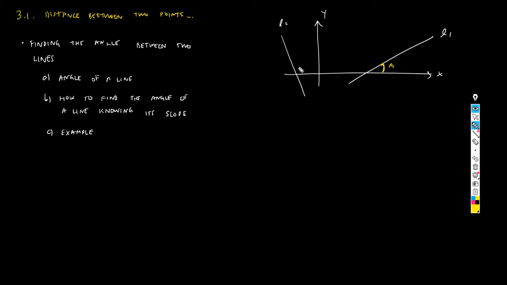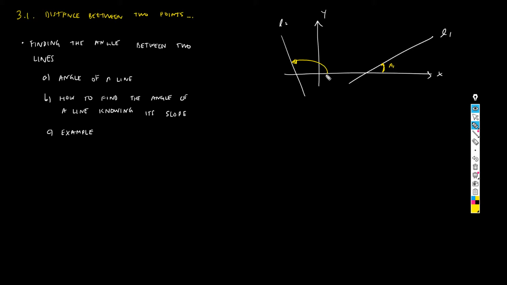And the same goes for L2. You have L2, line 2, and if you want to get the angle of such line, what you do is you start in the positive x-axis, which is right here. Well, it's gonna look a little weird, but you do it this way. It's that angle, okay?